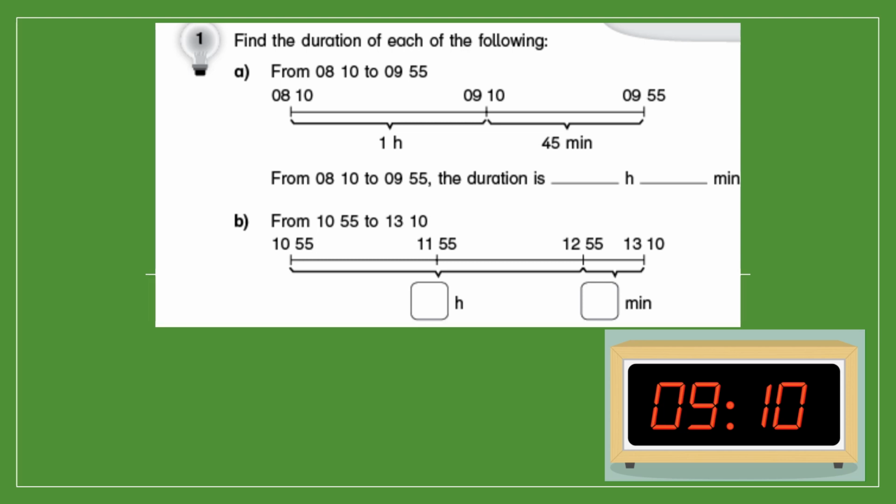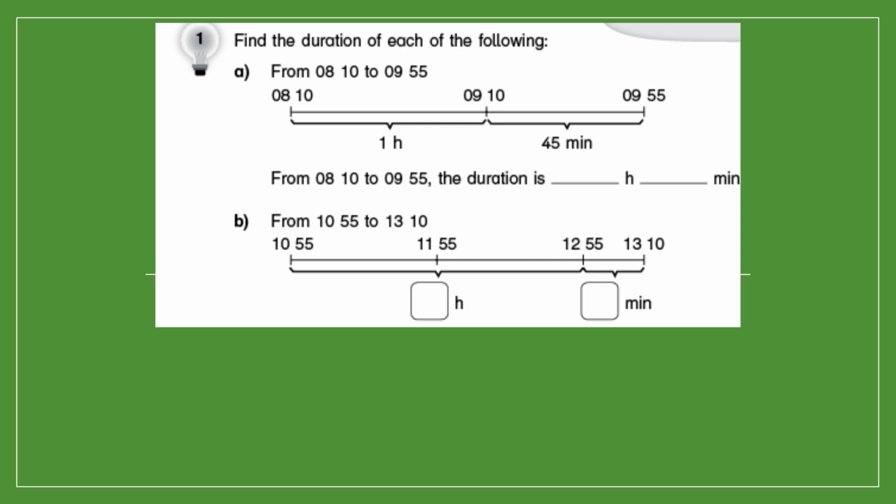So if you add 10, 20, 30, 40 minutes, another 5 minutes, you do get 9:55. So here we can say that the duration is 1 hour and 45 minutes.